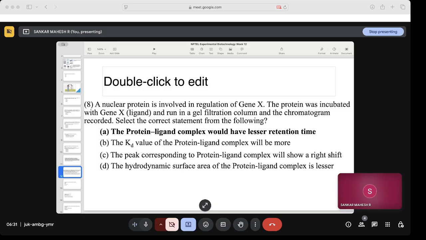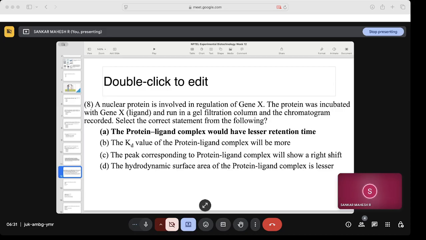KD here can be called your rate of dissociation, because this is K small d, not K capital D. So I thought it's a dissociation. I mean, say partition coefficient. No, it's not the partition coefficient here. This is different. It's the dissociation constant.